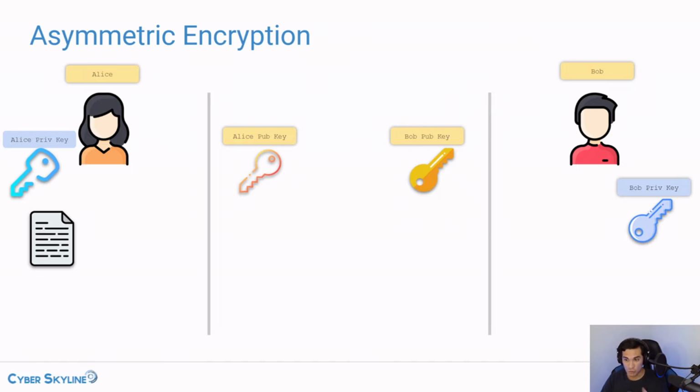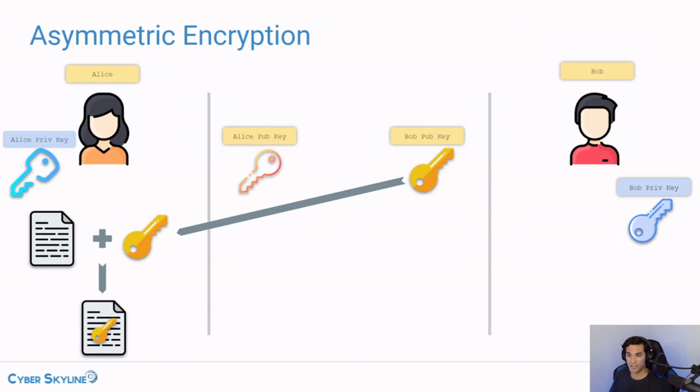She grabs it from the internet, takes the message she has, and uses the key to encrypt the message. Now Alice has an encrypted message that uses Bob's public key.